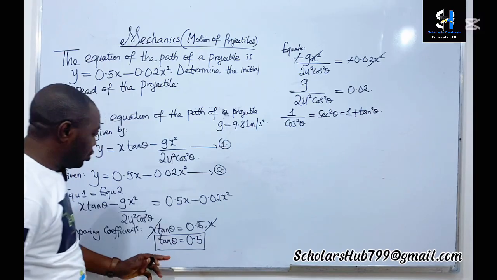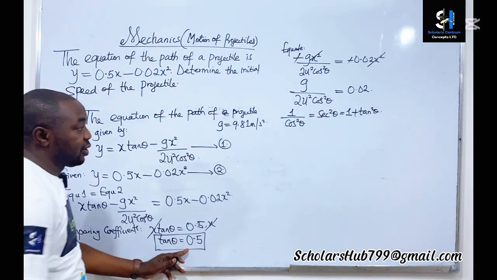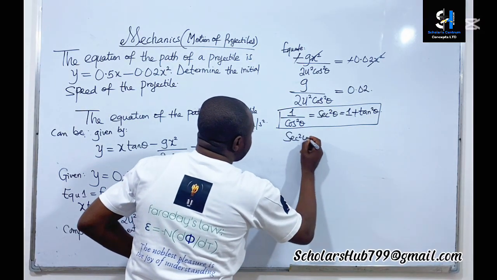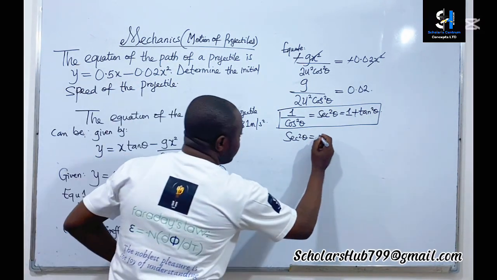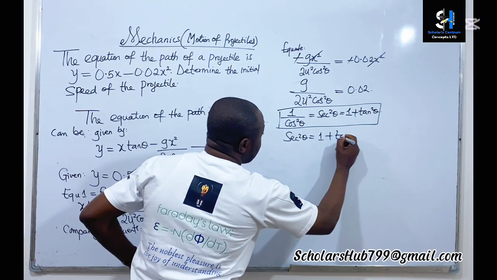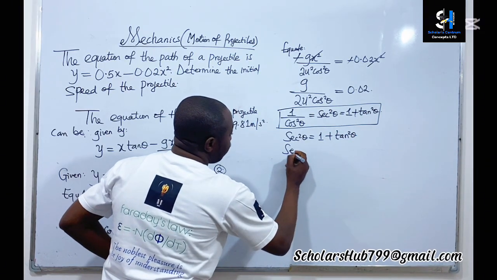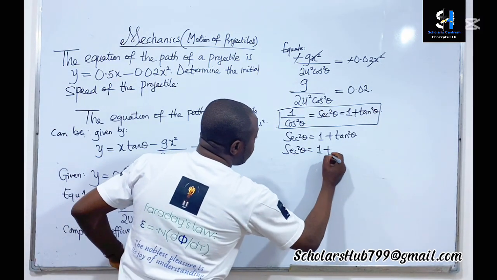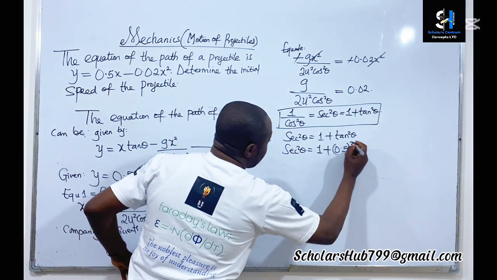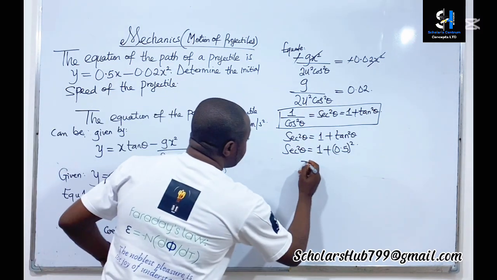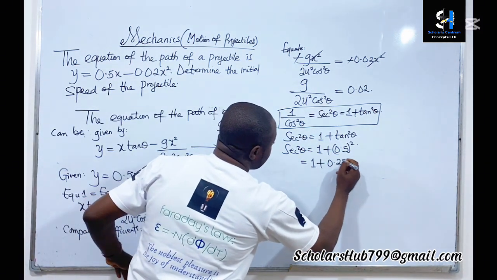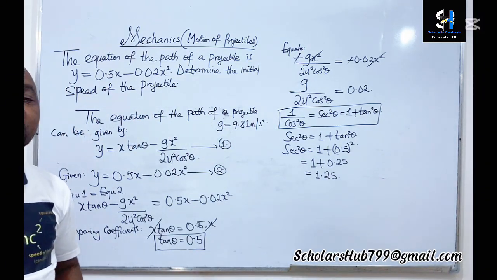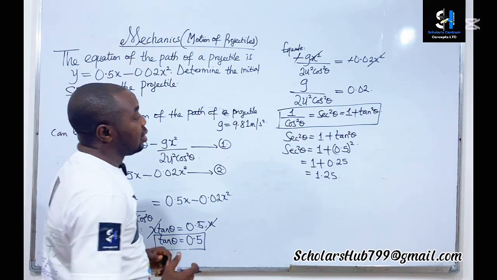Since tan theta equals 0.5, sec squared theta equals 1 plus 0.5 squared, which is 1 plus 0.25, that is 1.25, because 0.5 squared is 0.25.